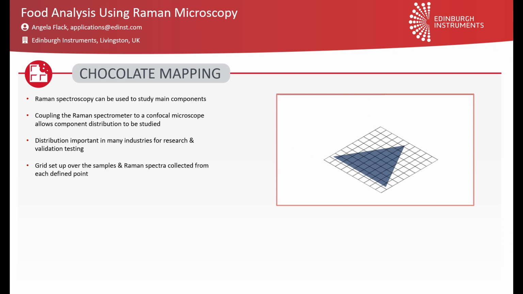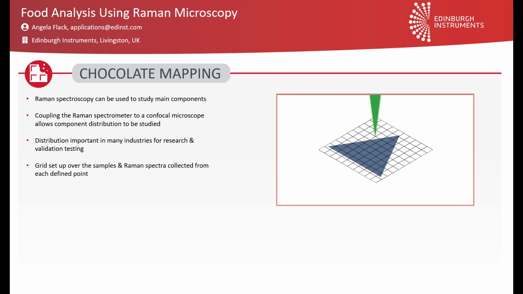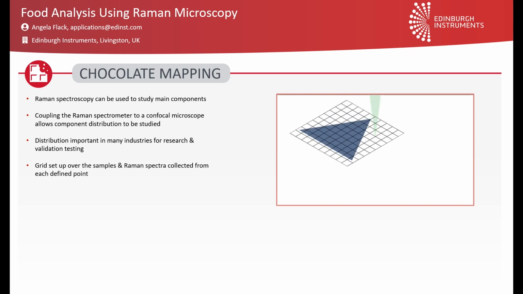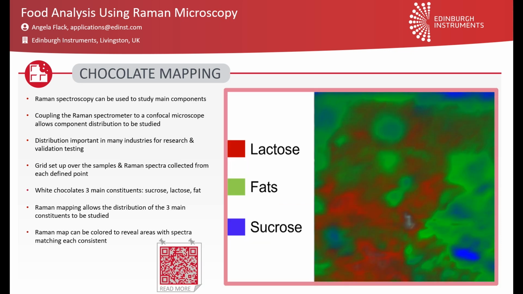This allows distribution studies, as we can now visually see areas of our sample and what they are. Distribution studies are important in many fields, for example in the pharmaceutical industry, to determine where the active ingredients are. In the food industry, we've taken a sample of white chocolate.